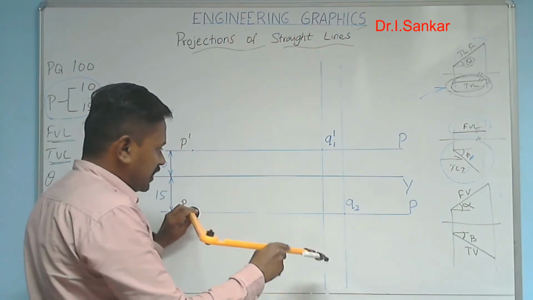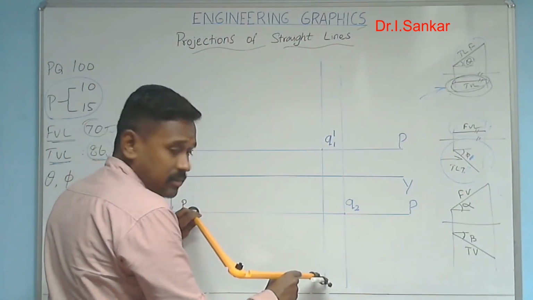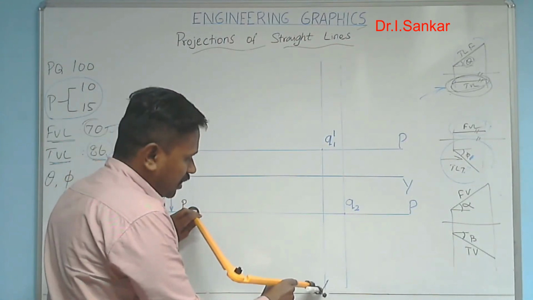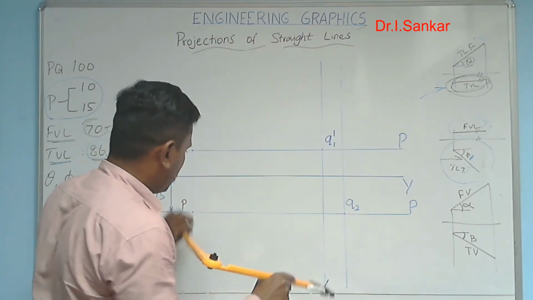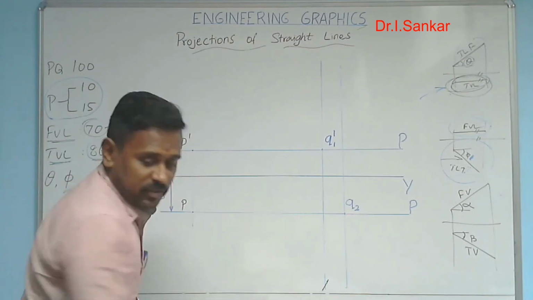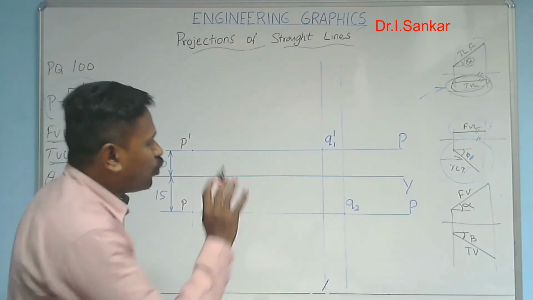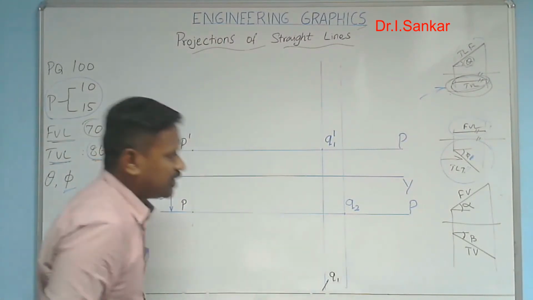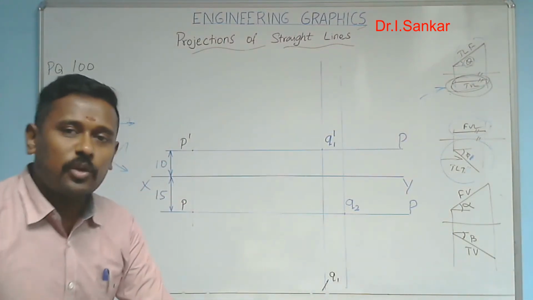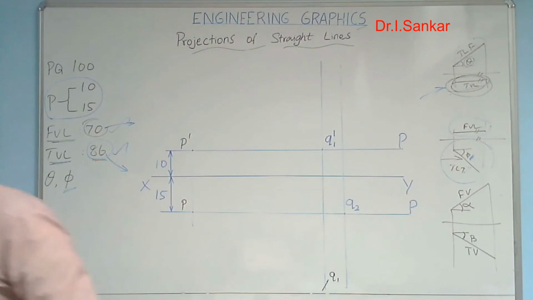By making P as the center, I am cutting one arc in the projector of Q1 dash. And that point is nothing but Q1. This is nothing but Q1, the pair of Q1 dash. Immediately you can draw the locus for that.